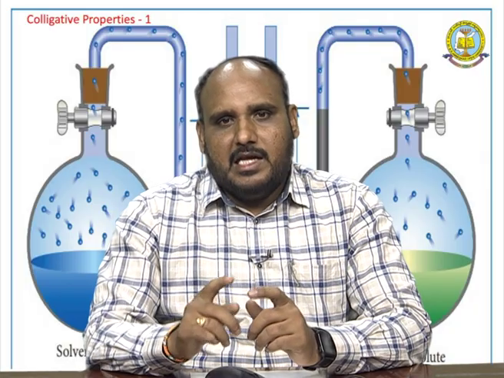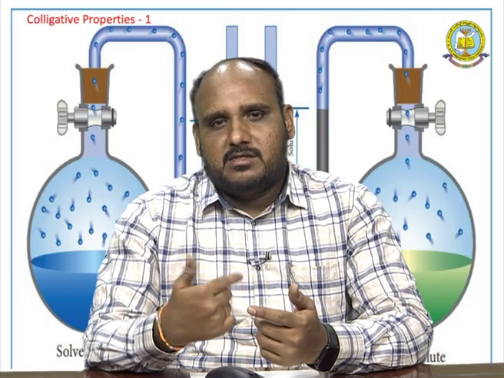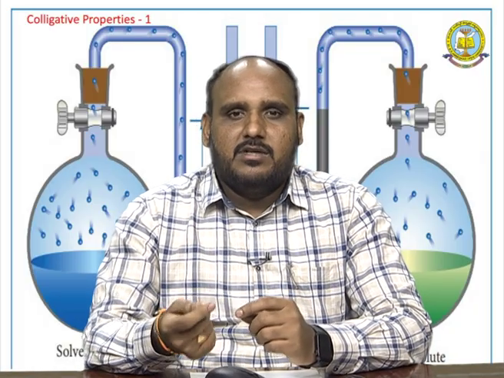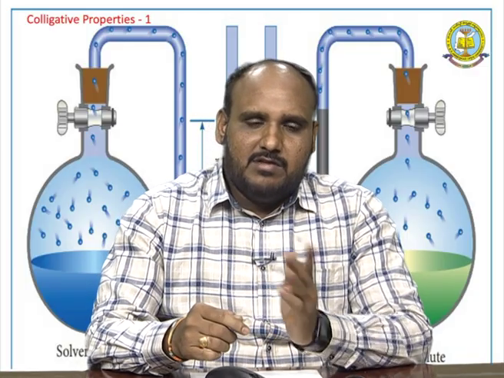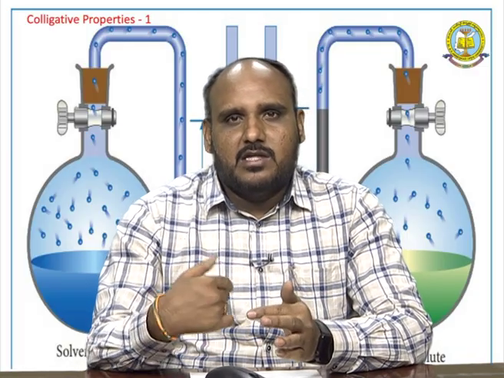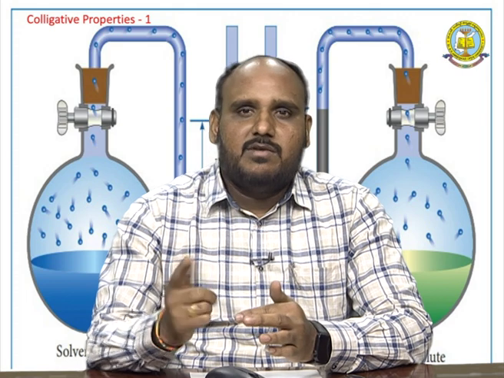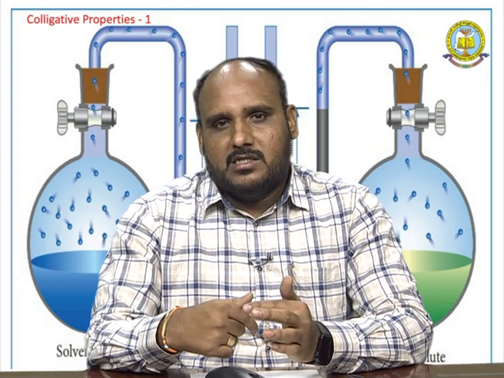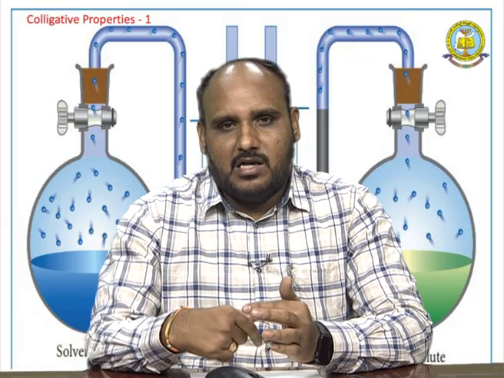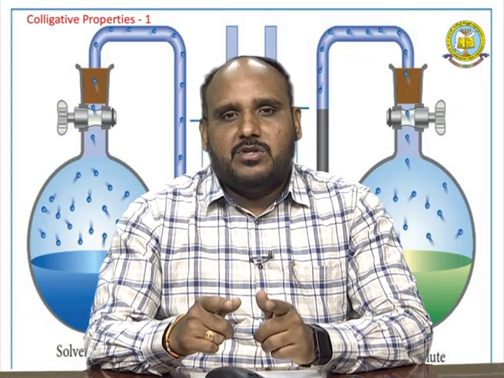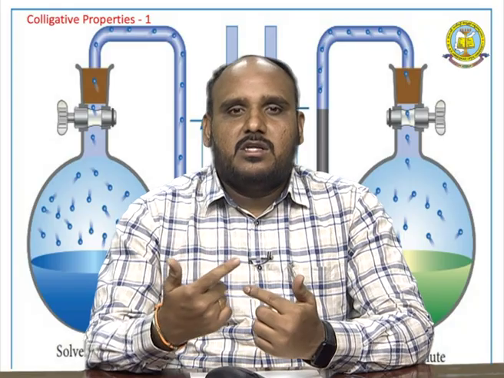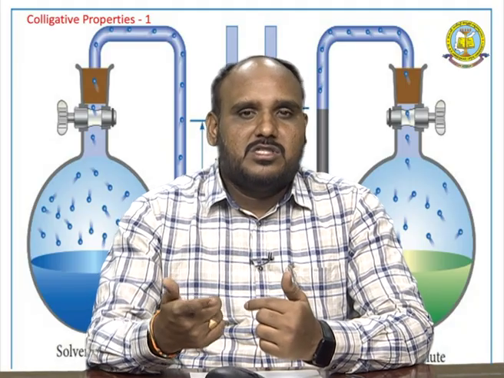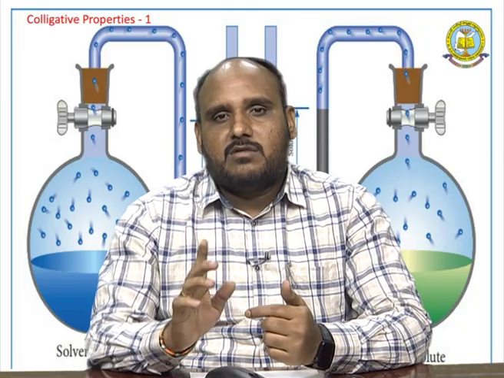Whenever a liquid is converted into a solid... previously we discussed that a liquid is converted into vapors, which is denoted by the boiling point. But when the liquid freezes into a solid, the temperature at which the liquid is converted into the solid is known as the freezing point of the liquid.